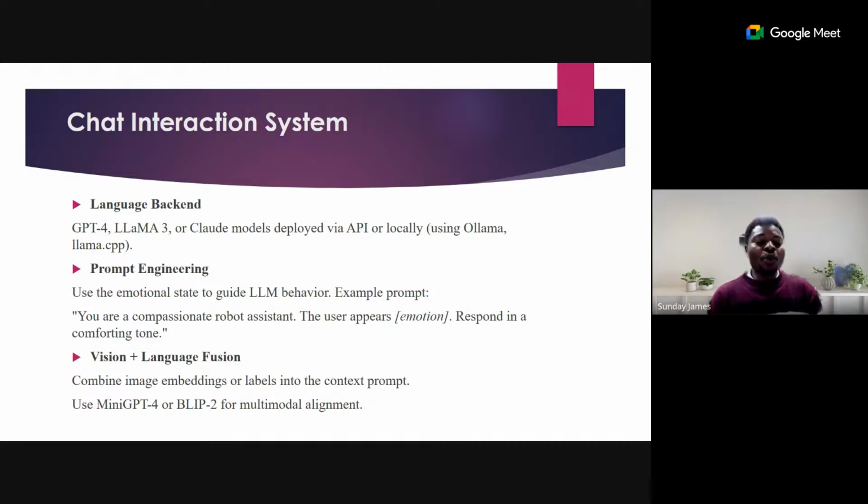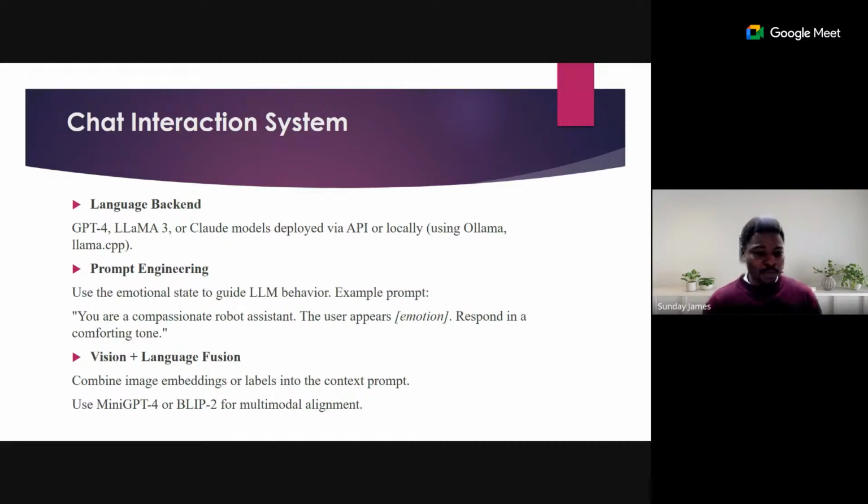We are able to achieve this intelligent interaction by using a good and refined prompt, feeding the emotion detected from the emotion pipeline into the prompt so that the robot can understand the particular emotion of that individual.